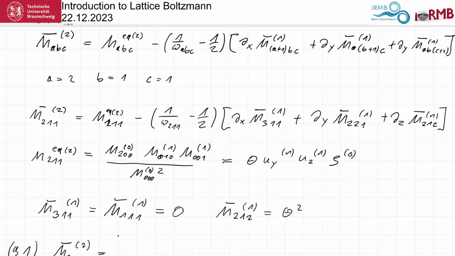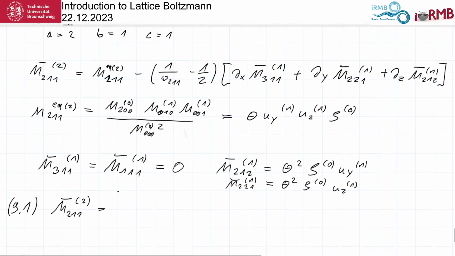This here, you get again through factorization, and this would give you theta square rho 0 and uy first order, and similarly M2 to 1 to first order is giving you theta square rho 0 uz to first order.